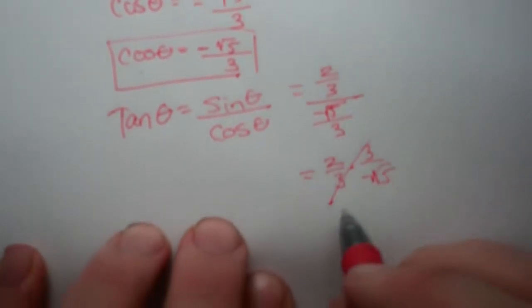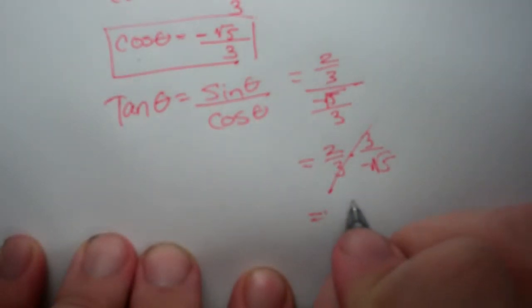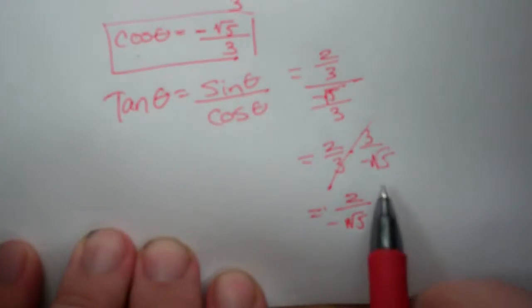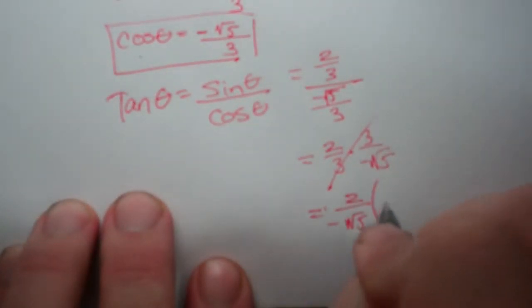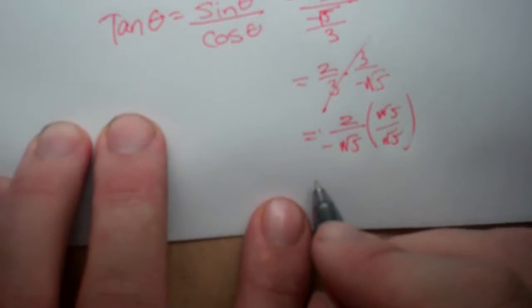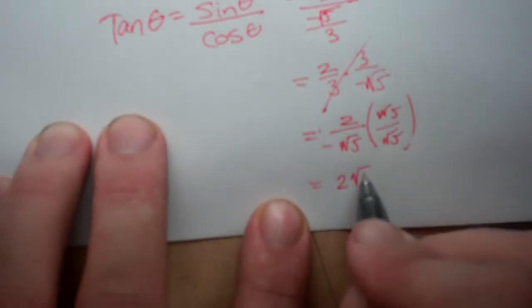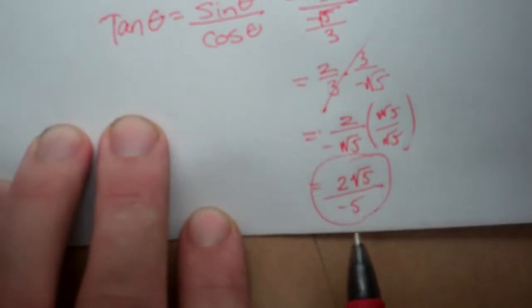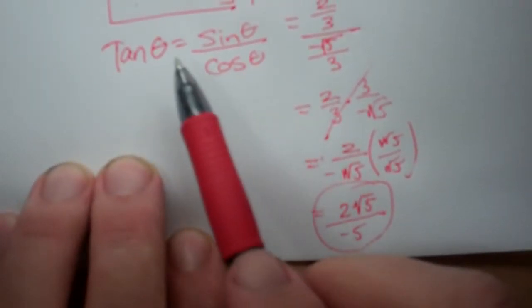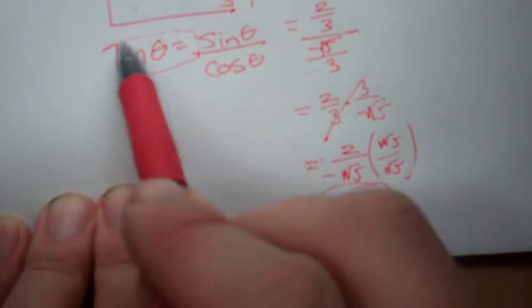These 3's cancel out, and we end up with 2 over negative radical 5. Let's not leave any radicals in the denominator, so I'll multiply the top by radical 5 and the bottom by radical 5. We end up with 2 radical 5 over negative 5. This is the value of the tangent of theta.